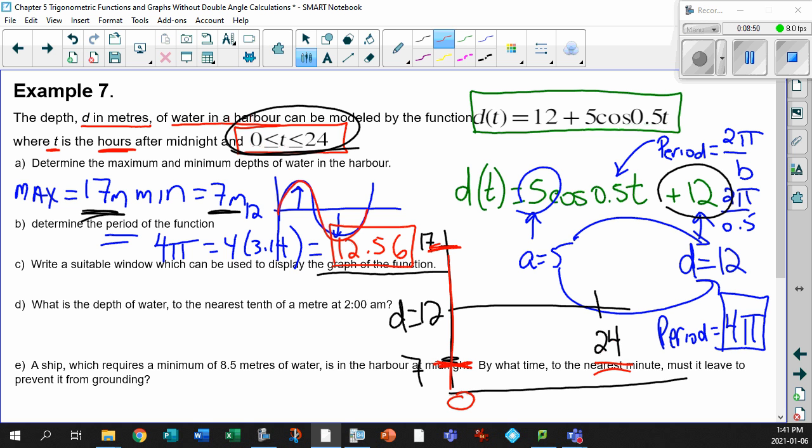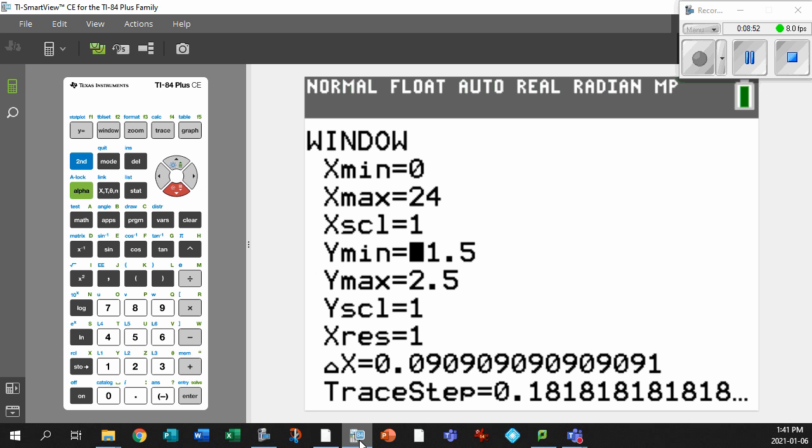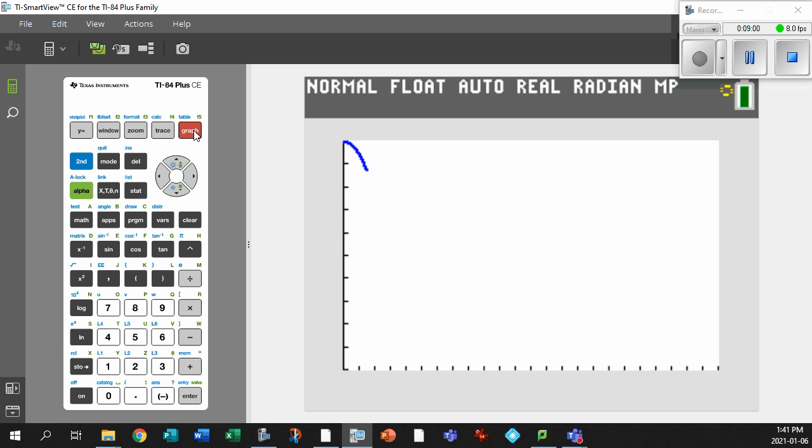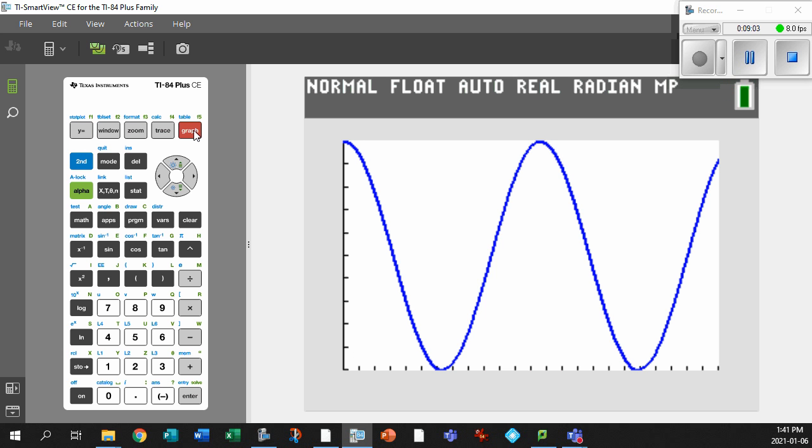Let's put it exactly as we see it. Minimum value was 7, our max was 17. Looks great. Okay, y equals 2. It's there. Punch it. Look at that. There's our beautiful graph. Oh, I can't love that anymore. Gosh, that's gorgeous.